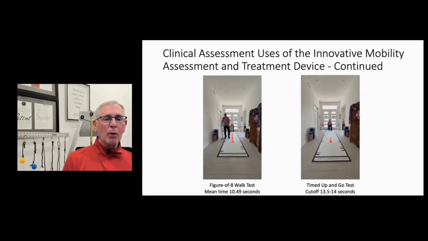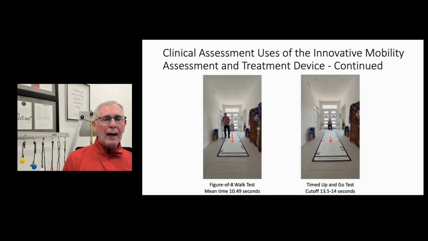Again, his cutoff score is much higher than the norms that were established. But again, we would anticipate that. And again, we would anticipate that he is high risk for falling. And while we're looking at these videos, you can see how nice those were videoed with a camera phone.